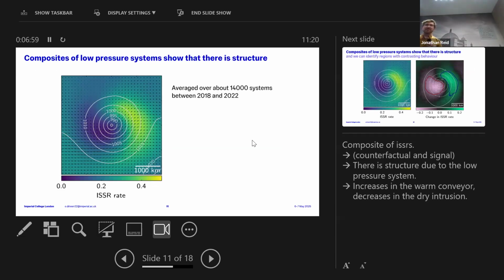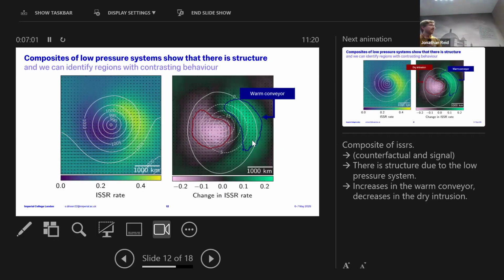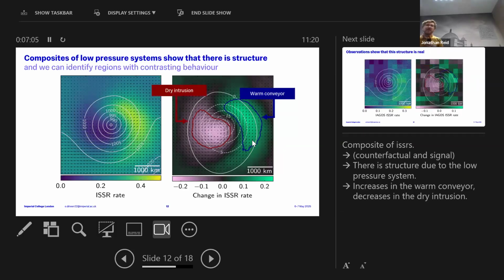These parts of the system are called the warm conveyor, which is this ascending air from the bottom of the atmosphere, and the dry intrusion, which is where air that's lingering at the top of the troposphere descends into the system from above.